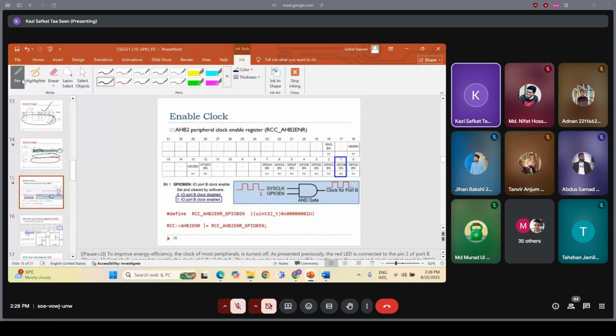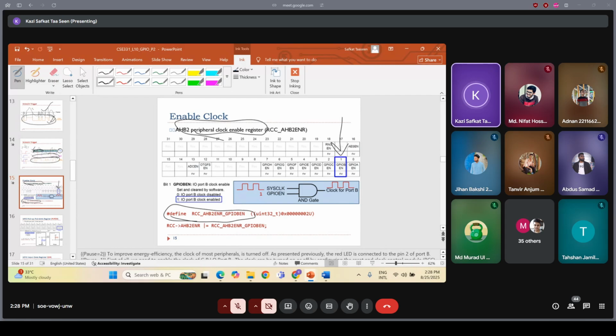Internals of the peripheral clock enable register. How do you enable the clock for any port? You define a macro like this.